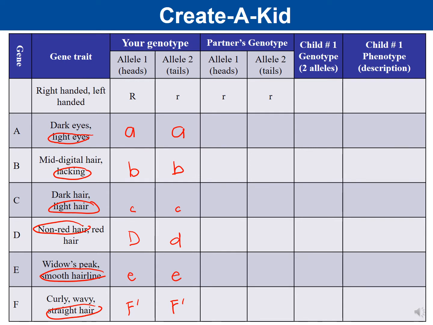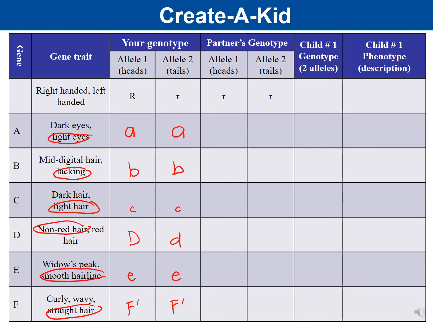I would fill out what alleles I could give my kids. Now, for this activity, normally in class, you would find a partner and record your partner's genotype, so you would have your genotype and your partner's genotype. You don't have your partner available to you, so there are a couple of options.